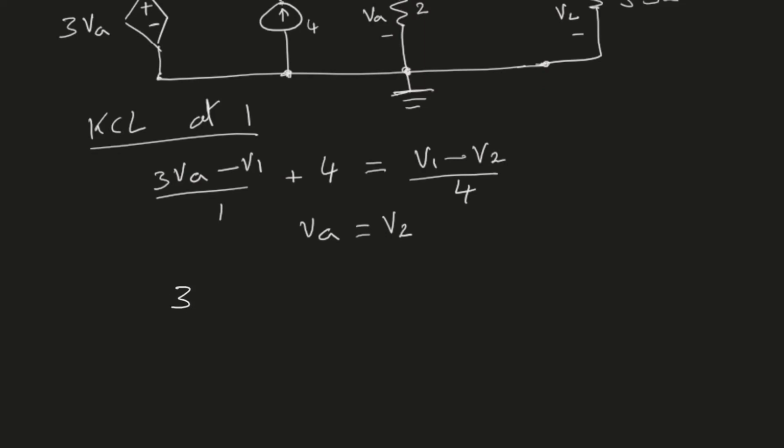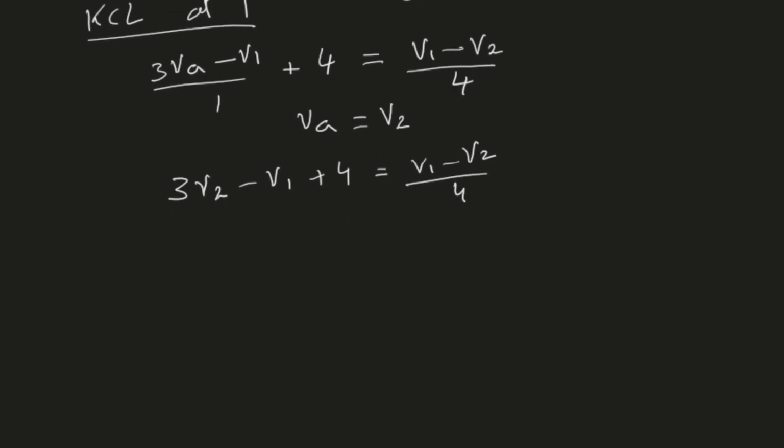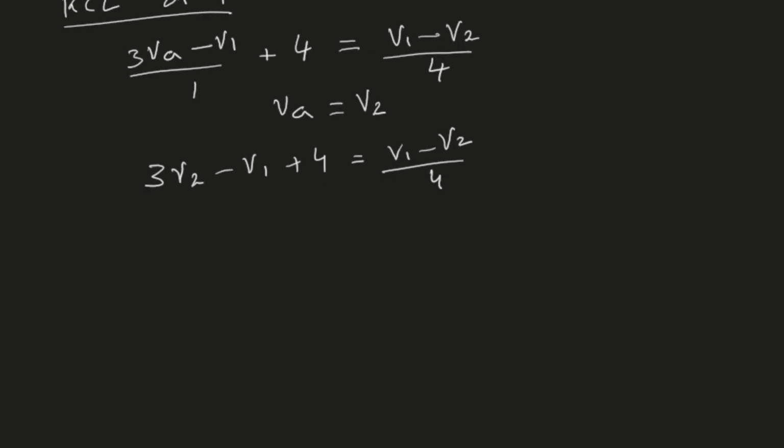So we can say that 3V2 minus V1 plus 4 equals V1 minus V2 divided by 4. So we just replaced VA because we want the equations to have only V1 and V2, the node voltages. Okay, now let's multiply by 4 on both sides. So we have 12V2 minus 4V1 plus 16 equals V1 minus V2.